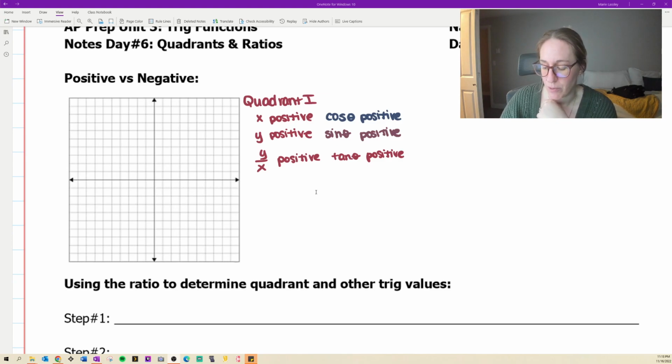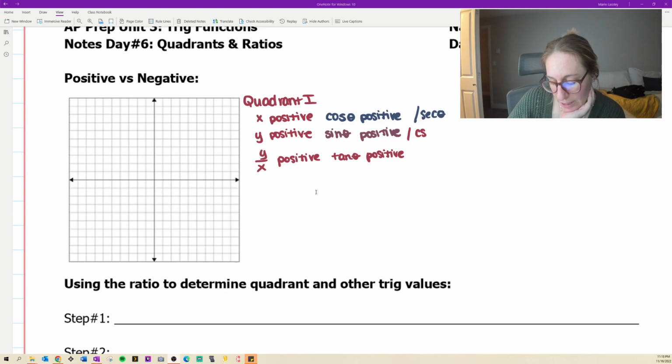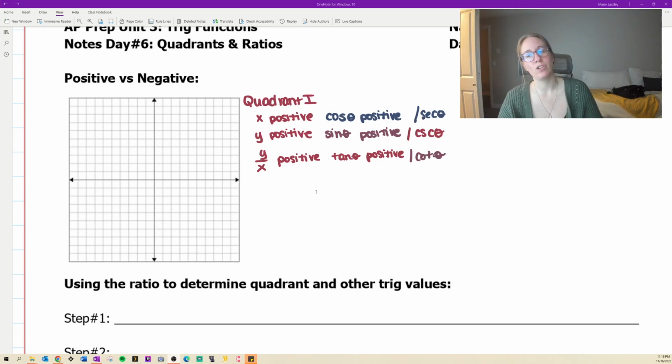Now, I know I didn't write the reciprocals, but they do follow along the same pattern as their reciprocal. So cosine is positive, secant is also positive. Sine is positive, so cosecant is positive, and cotangent is also positive. So quadrant 1, literally everything is positive.